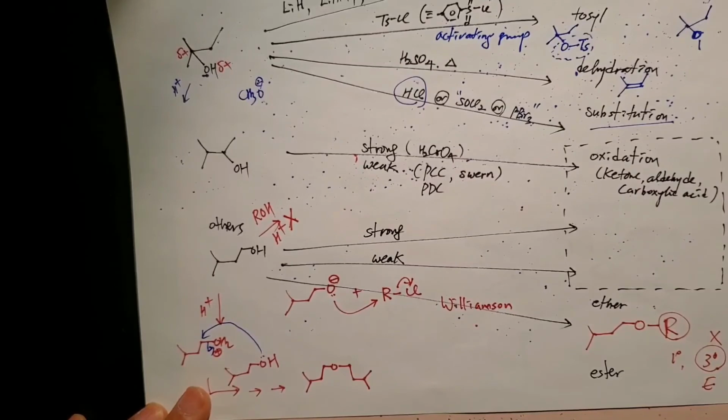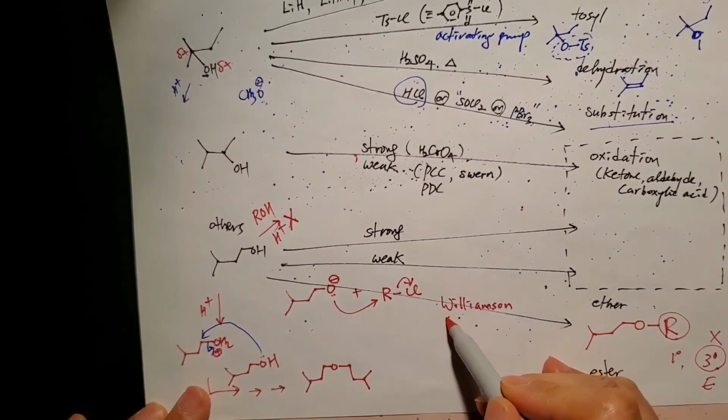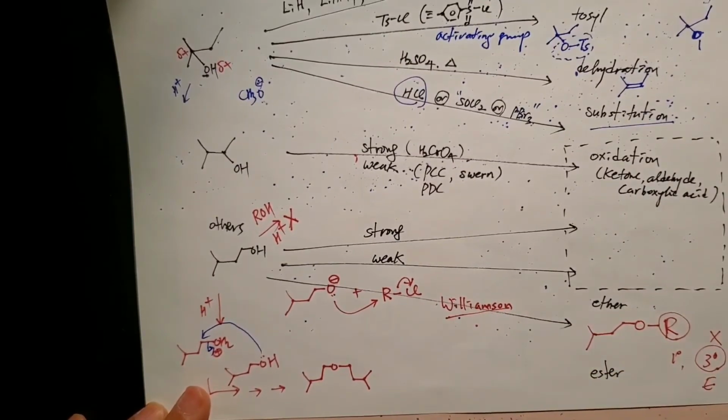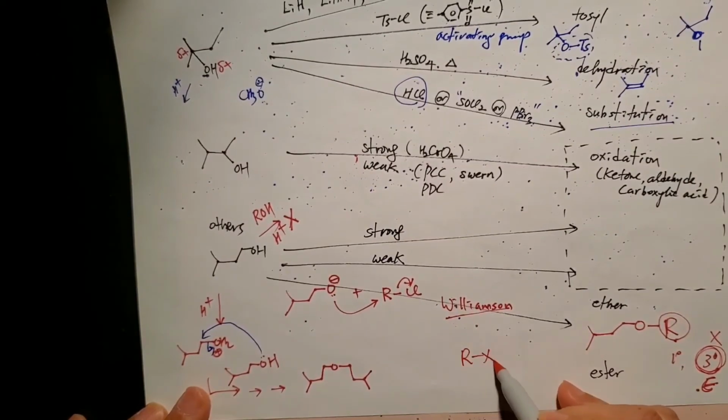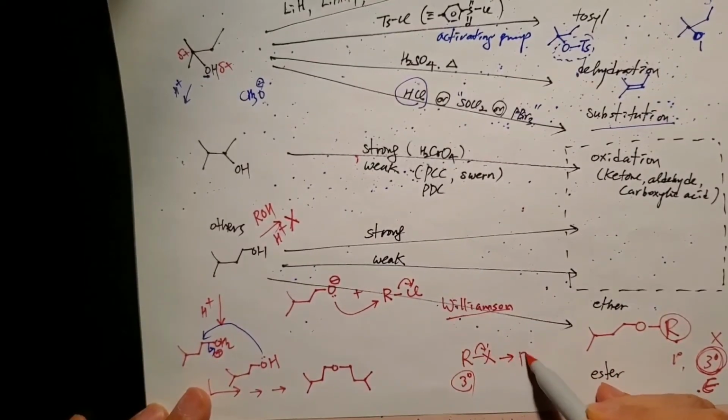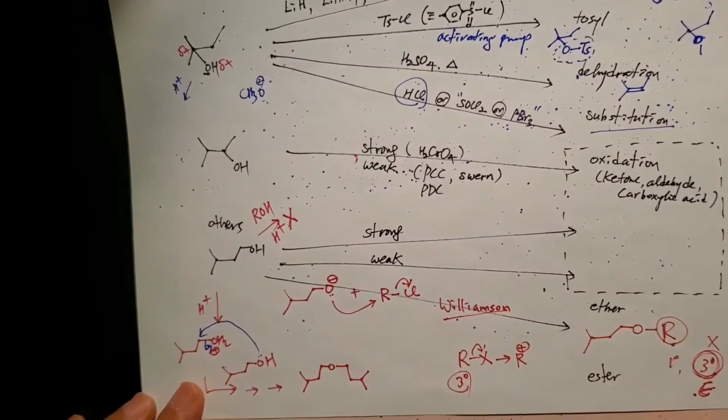But if you don't do Williamson ether synthesis, you can say, what if I have an alkyl halide that's tertiary? SN2 is not good because it's doing E2, but if you have a tertiary alkyl halide here and you heat up, you lose the leaving group, and that will be a stable tertiary carbocation.